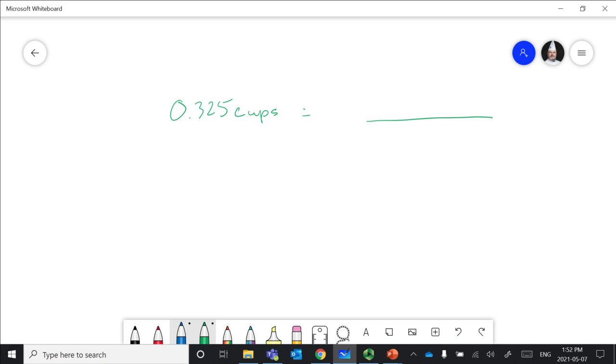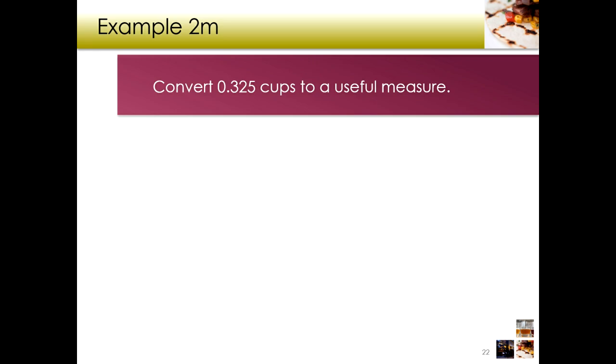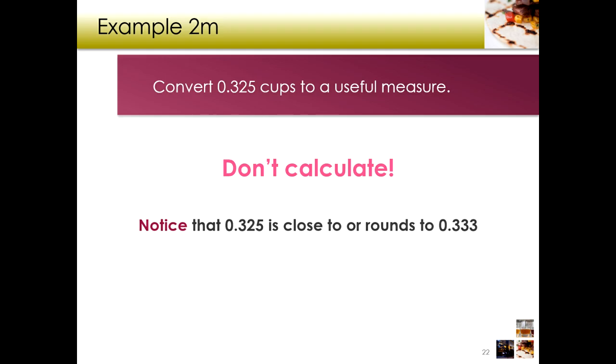What's 1/3 of a cup? If we take 1 divided by 3, we end up with 0.333333 repeating, and 0.325 of a cup is pretty darn close, right? So maybe we shouldn't be calculating. Maybe we should be using our noggin and thinking that, boy, 0.325 is very close to 0.33, which is actually 1/3, right? So it would be easy to measure that.